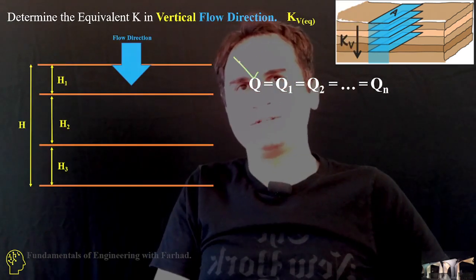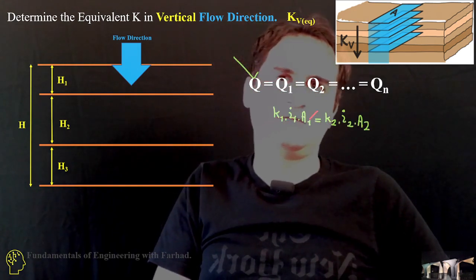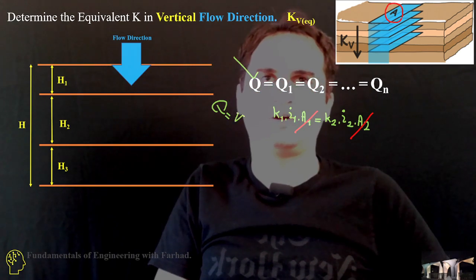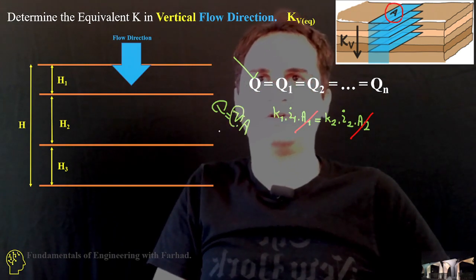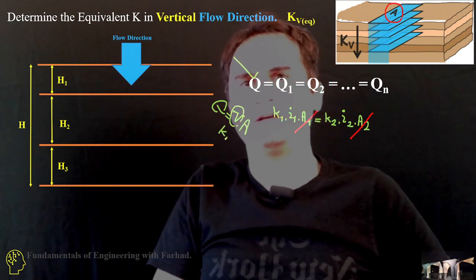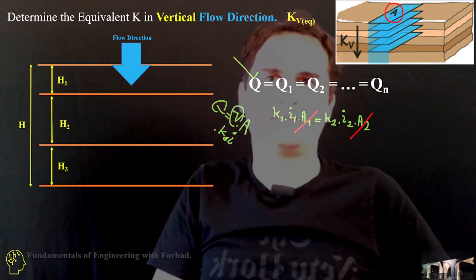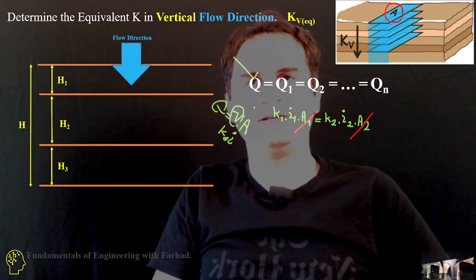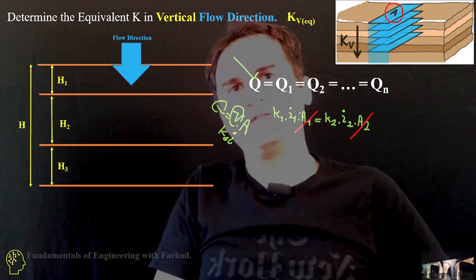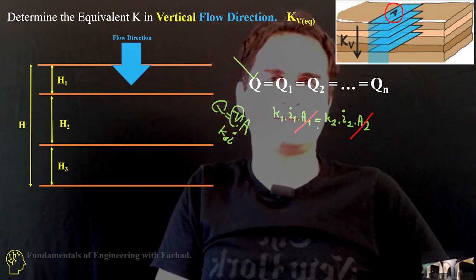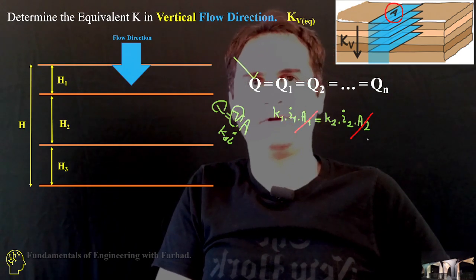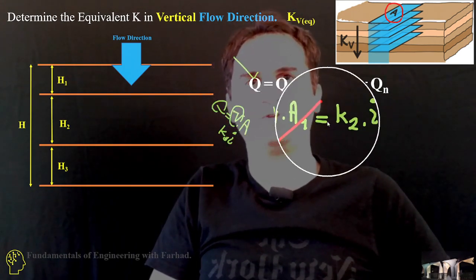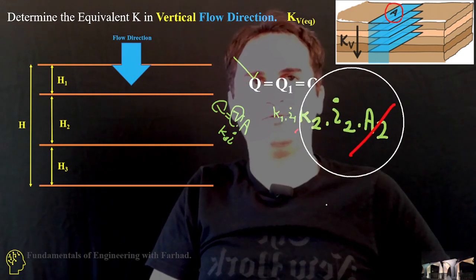So if Q is the same, we know discharge is equal to velocity times area, and velocity itself is K times I, hydraulic conductivity times the hydraulic gradient of the soil. That's K1 I1 A1 is equal to K2 I2 A2.